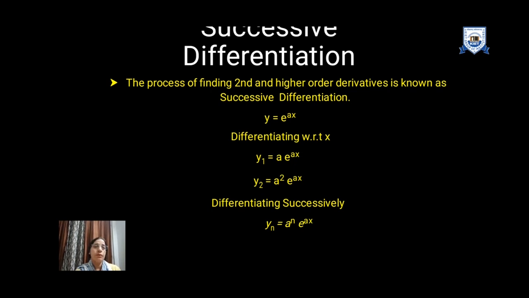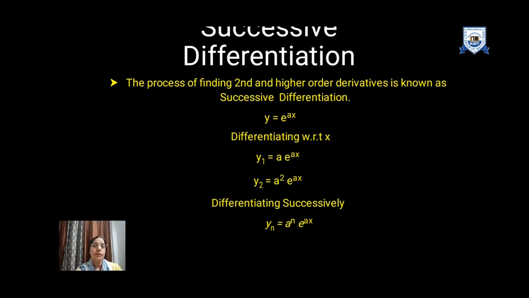If we have y equals e to the power ax, and differentiate this with respect to x, we again get a function of x. It means y1 equals a e to the power ax, and differentiating again we get y2 equals a squared e to the power ax. You can see clearly that we are getting a pattern, and on the basis of this pattern we can write the value of the nth differential coefficient.